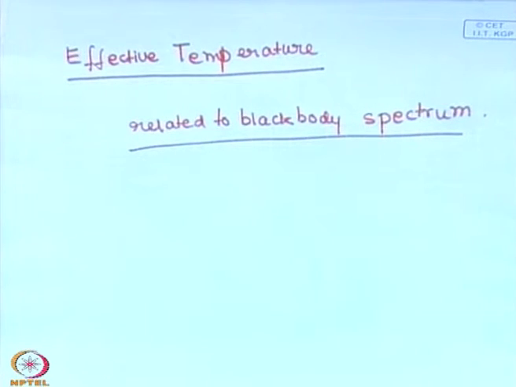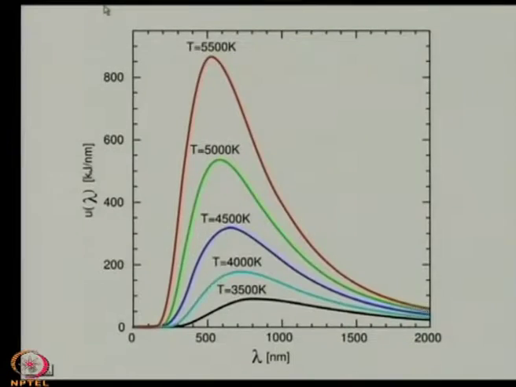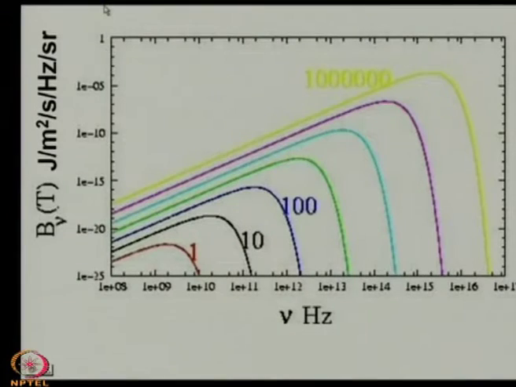And there are different effective temperatures which are used in astrophysics. So, let me go through this. So, one of them is called the brightness temperature.